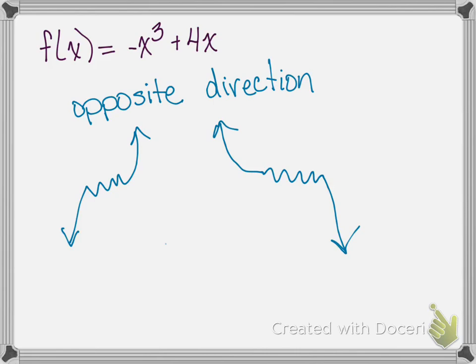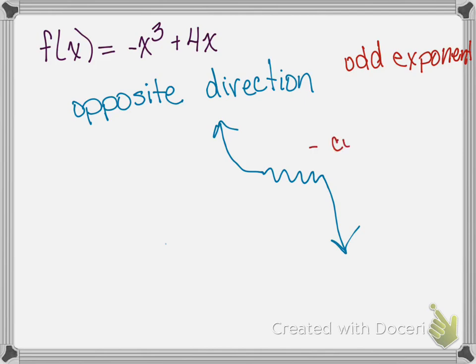Top left to bottom right. Why? Because of the negative. This right here is because of the odd exponent. This direction is because of the negative coefficient.